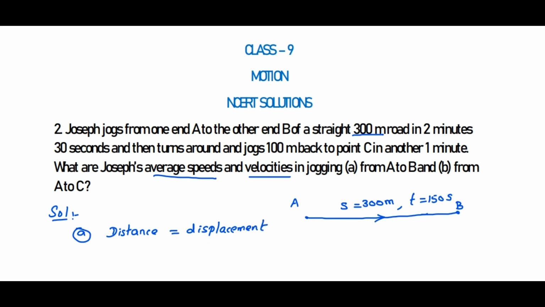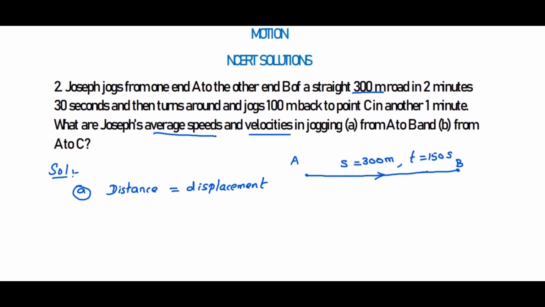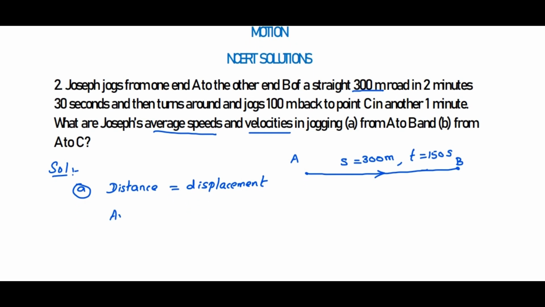Why? Because he is traveling in a straight line path from A to B. So distance is equal to displacement, which means automatically average speed is equal to average velocity.